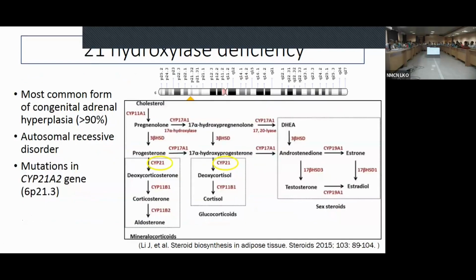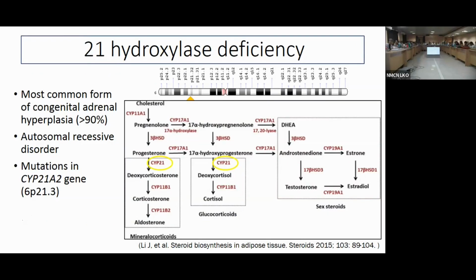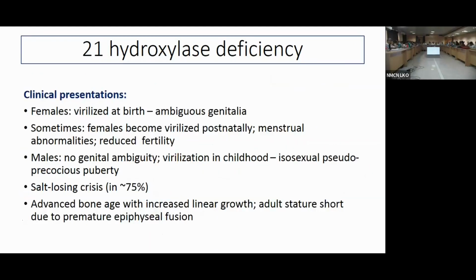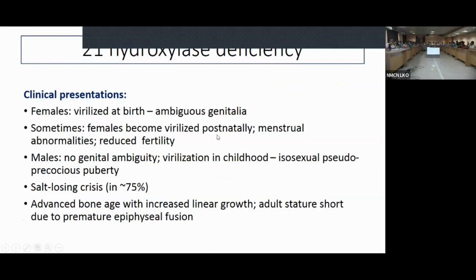So this is the most common form of congenital adrenal hyperplasia. This is an autosomal recessive disorder. Biallelic pathogenic variants in the CYP21A2 gene are the cause, and clinical presentations can vary. The typical one is a female baby virilized at birth with ambiguous genitalia, but sometimes individuals may become virilized postnatally.